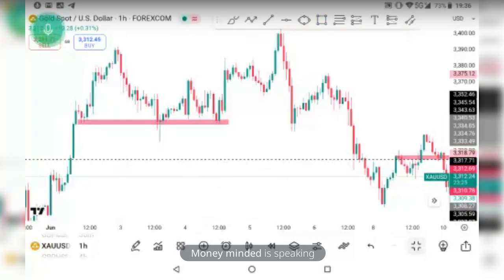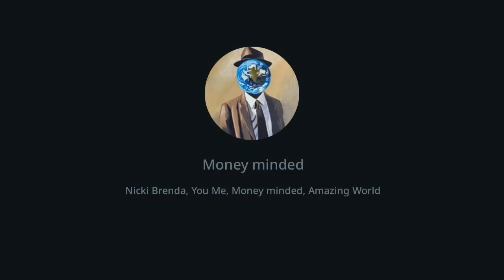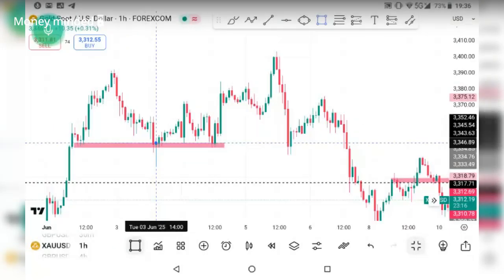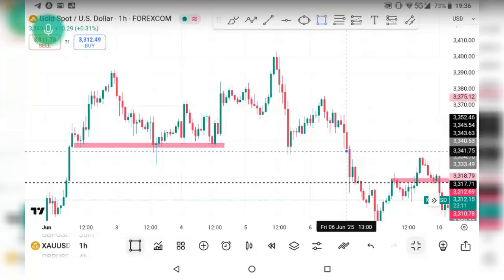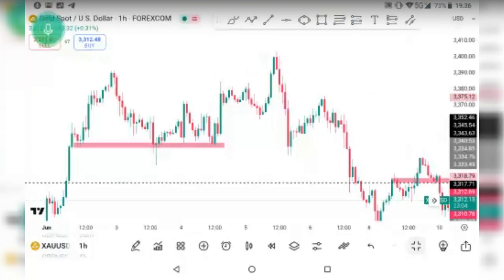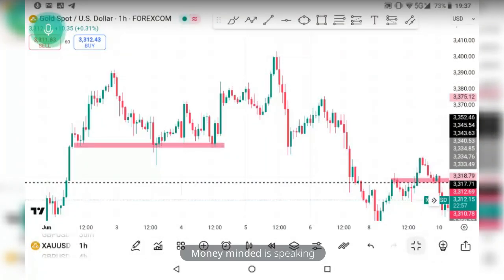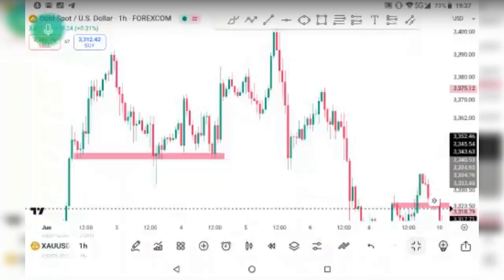Price has actually mitigated this support: 1, 2, and then 3, as you can see. So whenever price gets to your support or your resistance, like I said, look for confirmation patterns. Very, very important. So here now we are having a bullish engulfing confirmation.